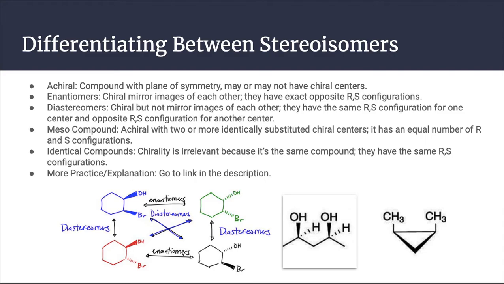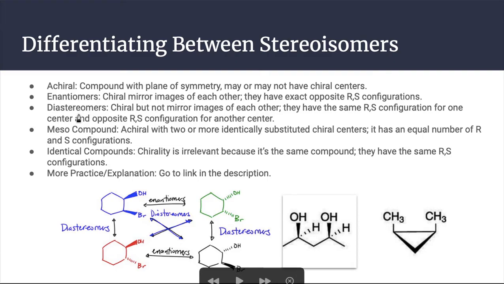So the configurations are kind of like the sides of the compound. Since enantiomers are chiral mirror images, their sides get switched, so they have the exact opposite R and S configurations.